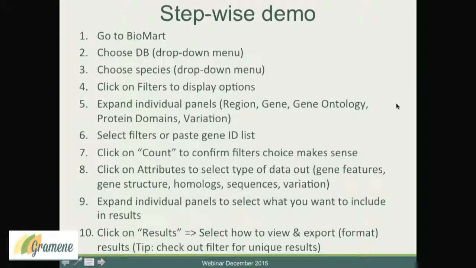Just to recapitulate what we did, this is the stepwise demo for any BioMart that you use. You're gonna first go to the home page. You will get to choose a database from the drop-down menu. Select the species that you want to query, and then you're gonna have a filter section with different panels.